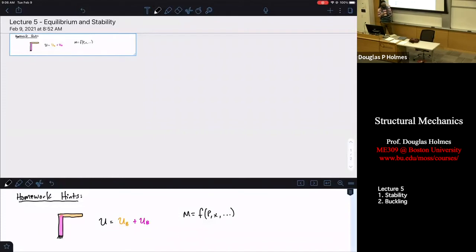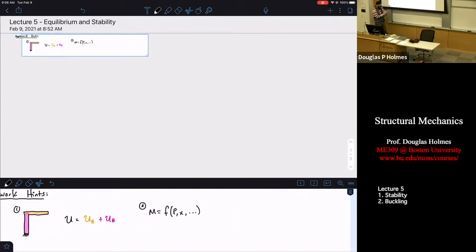You're basically trying to take M squared over 2EI and then take the derivative of that with respect to your load. So I thought this was one thing that might help: going back and reviewing your statics to calculate what the moment's going to be. This is just a fancy way of saying the moment should be some function of force and distance, and maybe it's going to depend on some location where you are.